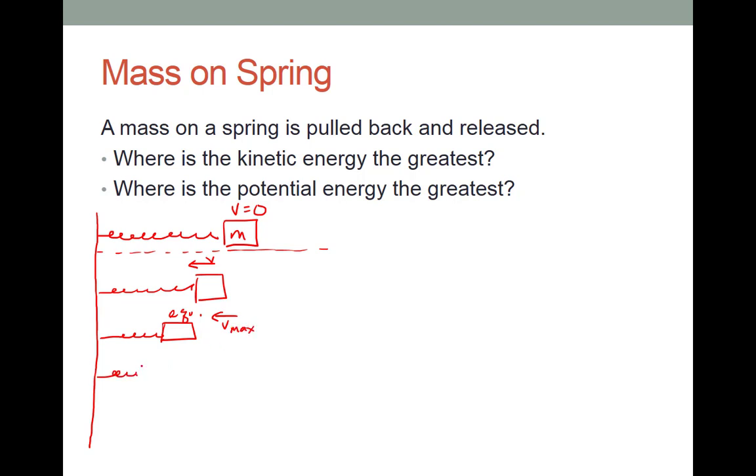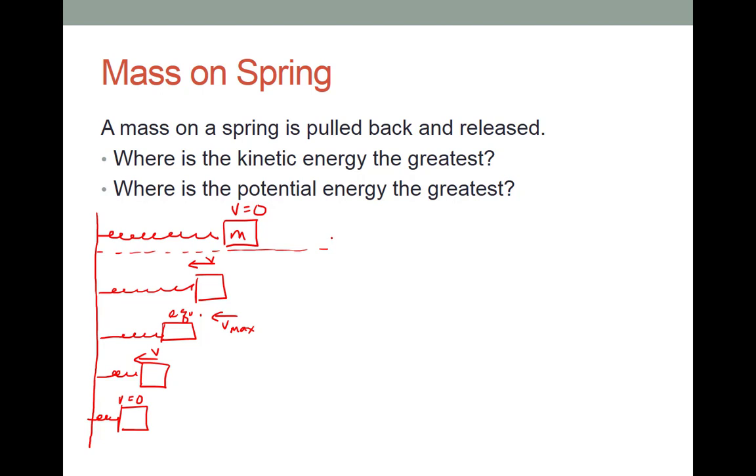And then it continues moving this way because it was moving at its equilibrium point, so it overshoots, if you will. But at some point that spring is compressed as far as it can be and it stops. And then after this point, the block turns around and starts oscillating back outward.